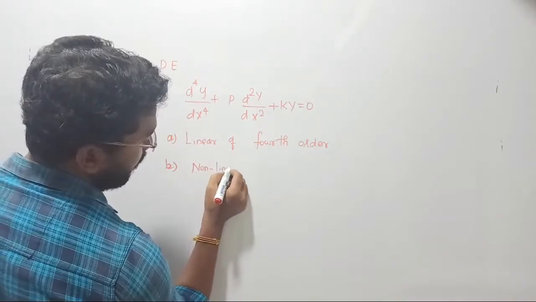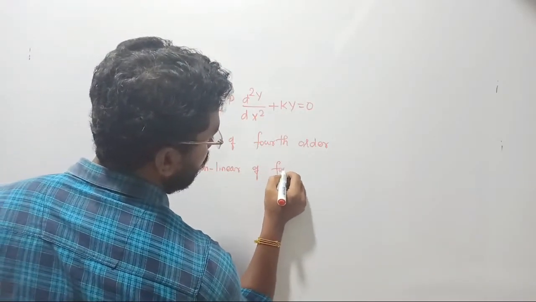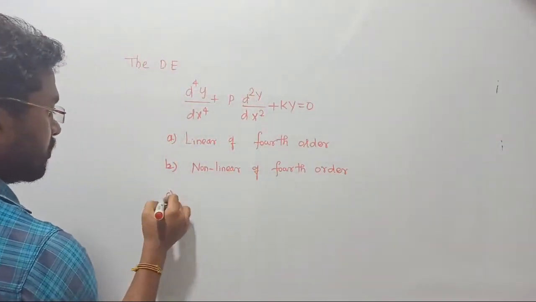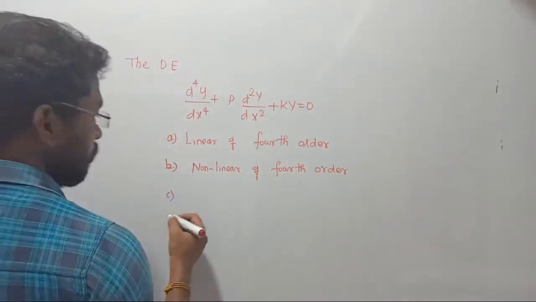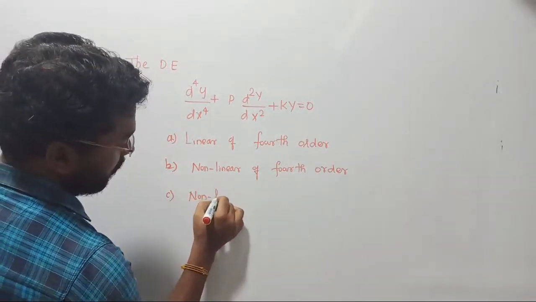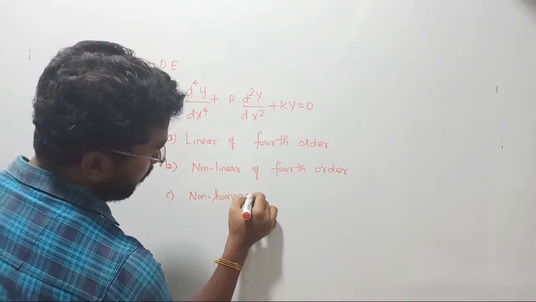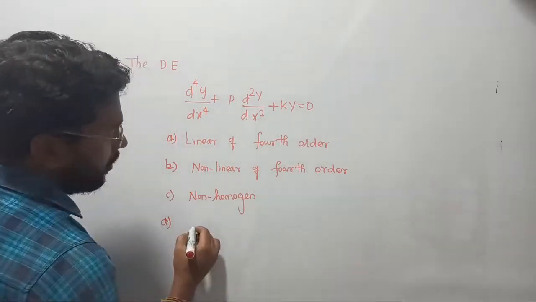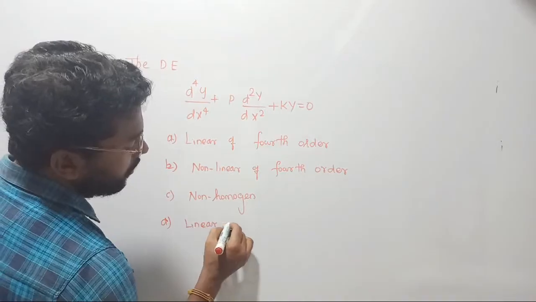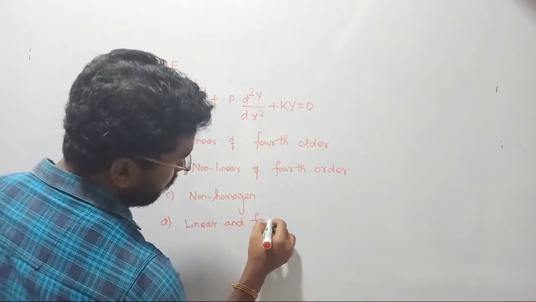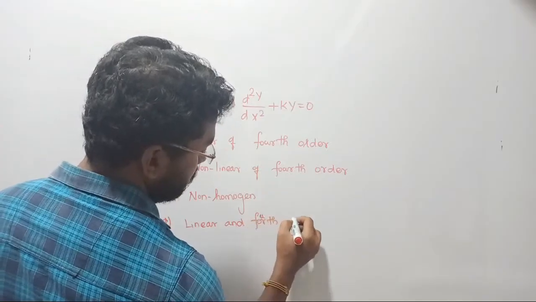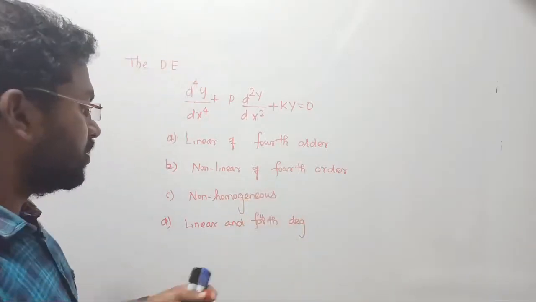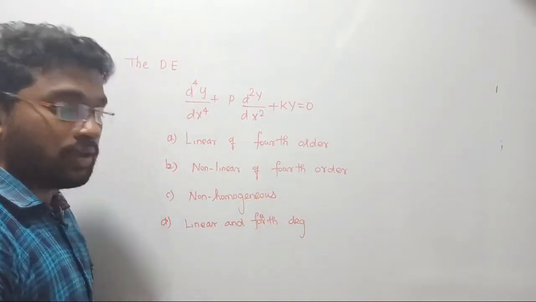Option C, non-homogeneous. Option D, linear and fourth degree. Now the question is what? Can anyone please tell me the answer?